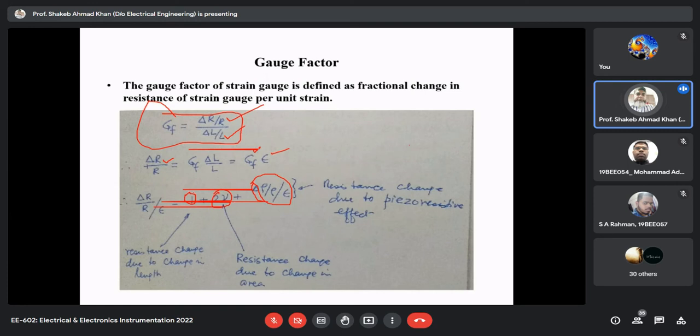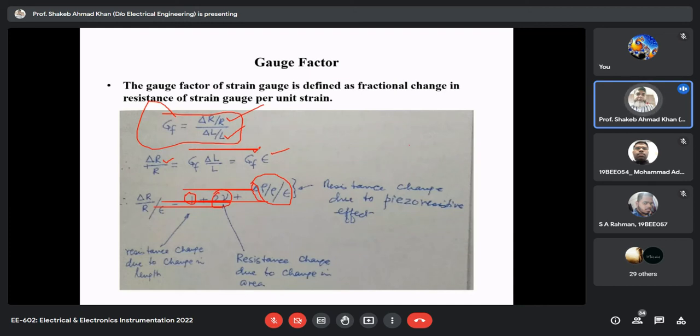Then we found that it is because of the change in dimension. These two terms are because of the change in dimension, and this is because of the change in resistivity. Then our point of discussion is whether resistivity, which is a property of the material, changes with the strain or not. The answer is yes, it changes with the strain.